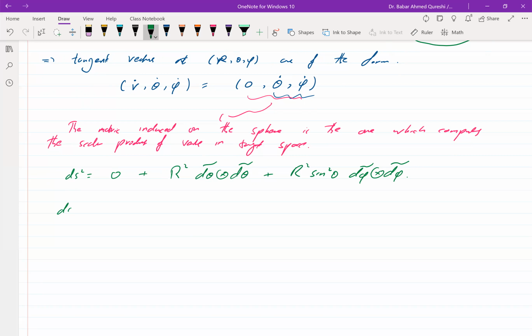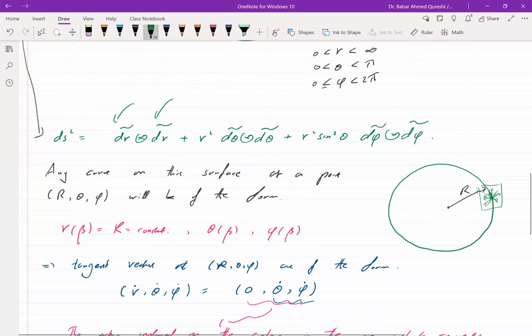So the metric on the sphere is just this. You can write it like that in shorthand. This is the metric induced on the sphere, and we are going to take it to be our manifold, with its geometry defined through this metric.